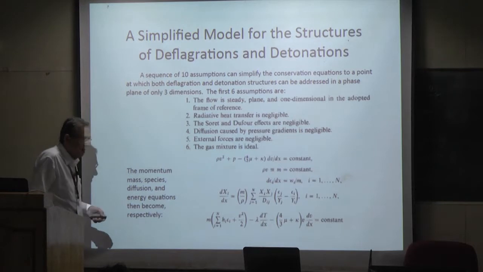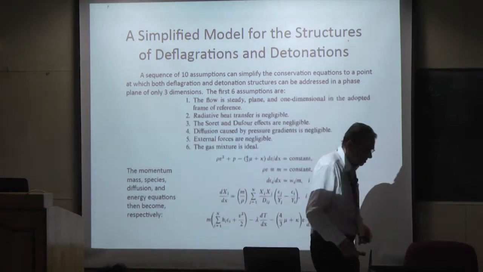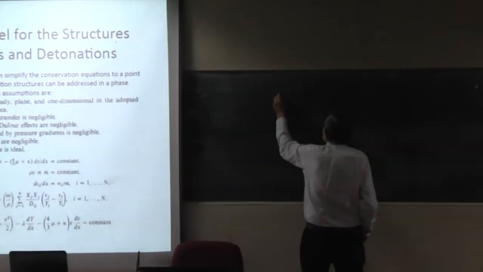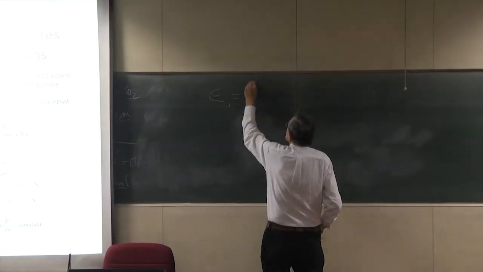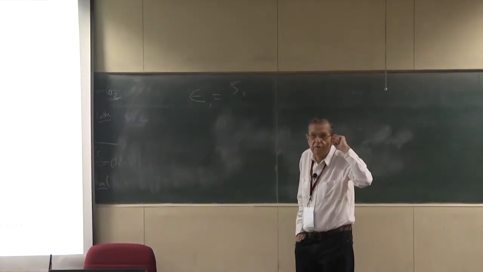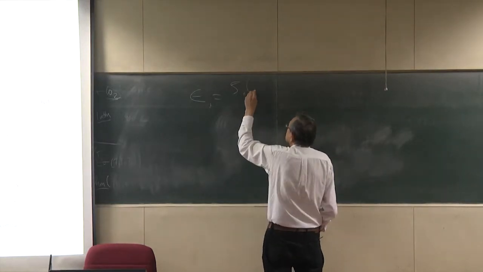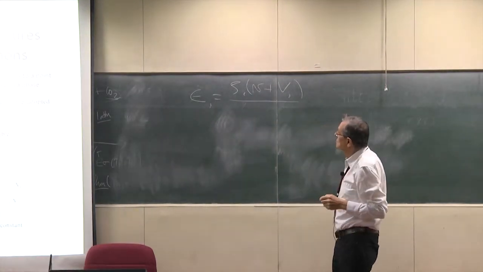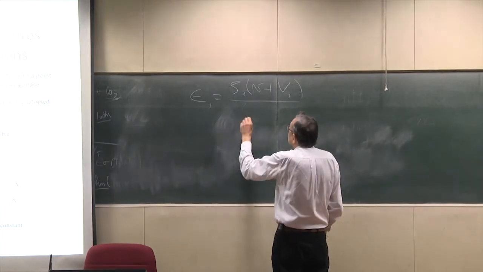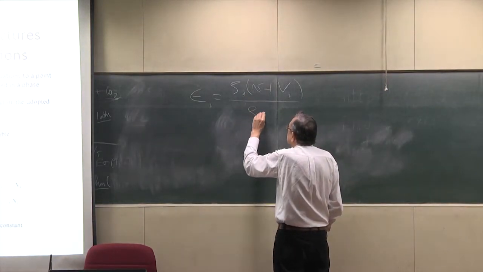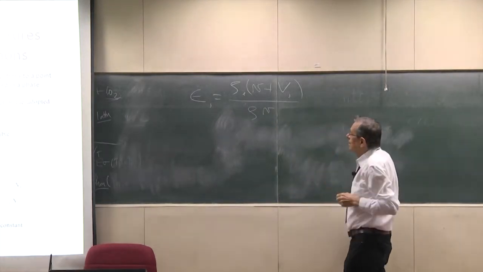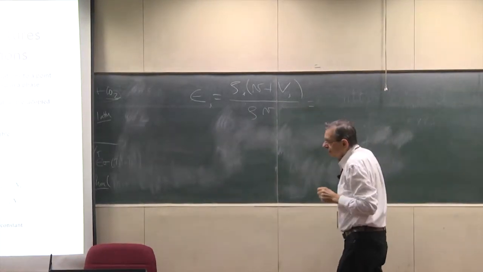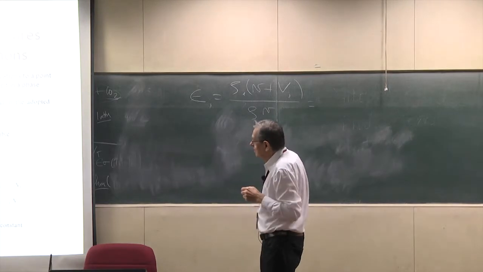In this equation, epsilon i is, can you see this? Can anybody see this? It is the mass per unit volume of species i times the average velocity plus the diffusion velocity of species i, divided by the total flow rate per unit area.